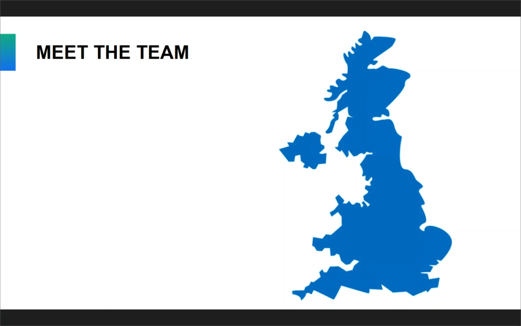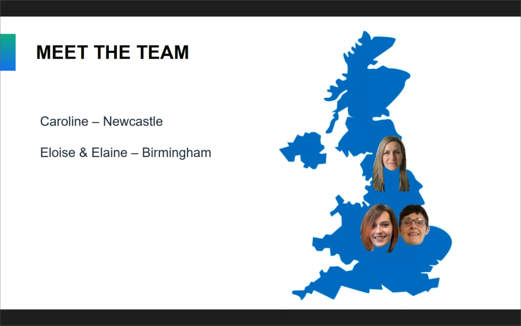So we are a team of 4 writers. There's myself in Newcastle, Eloise and Elaine in Birmingham, and last but not least, we have Karen, who's based in London. As well as being in different offices, we all work different hours. On a Monday, we're all in all day.